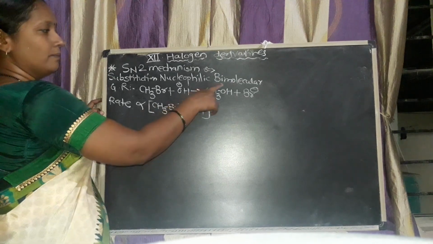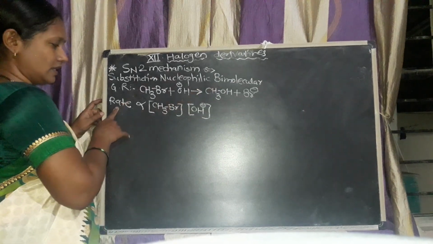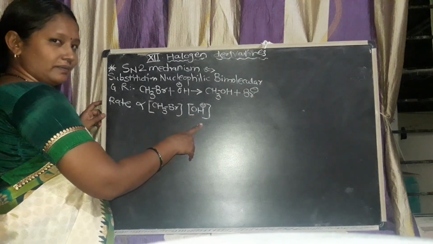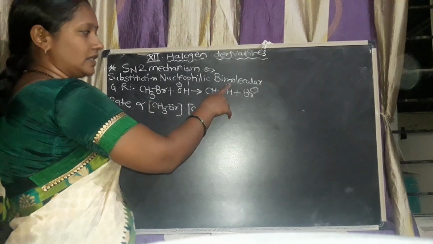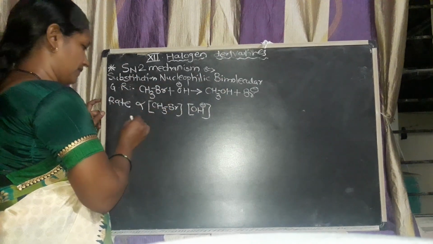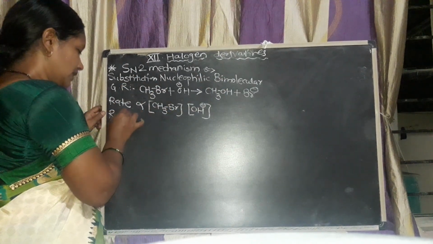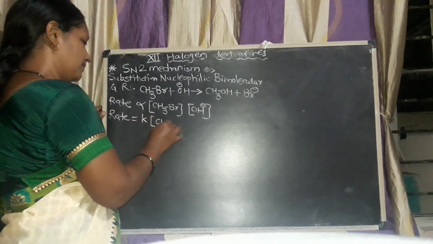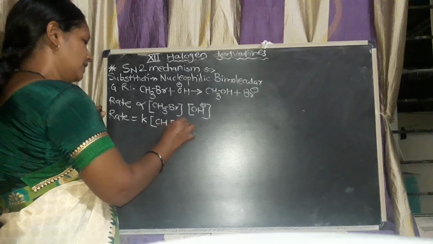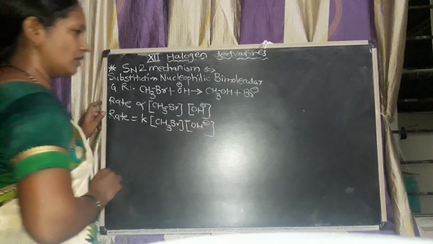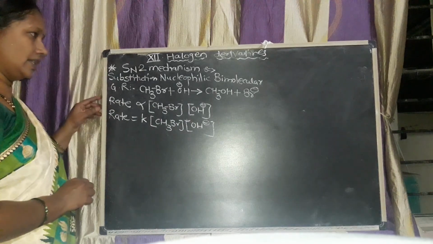Therefore it is bimolecular, because the rate of the reaction depends upon two reactants. Therefore it is a bimolecular substitution reaction. Now rate is equal to constant times methyl bromide and OH minus. This is the rate of the reaction.